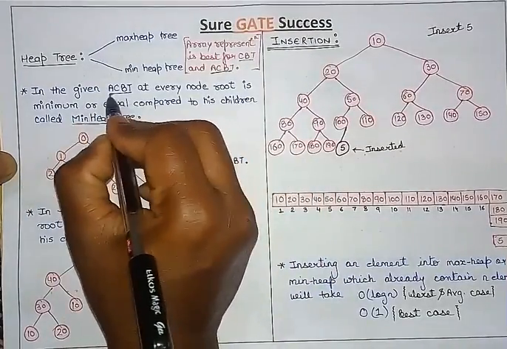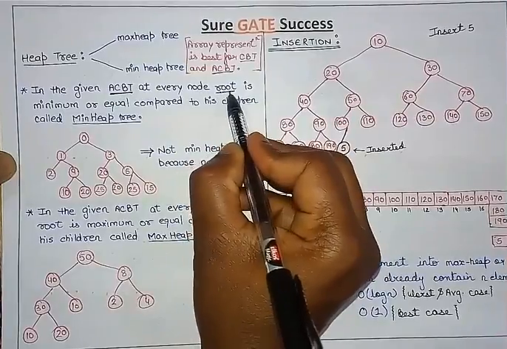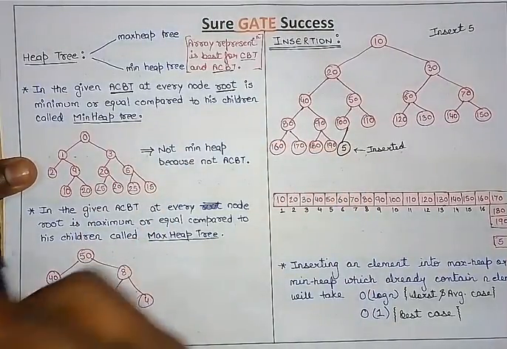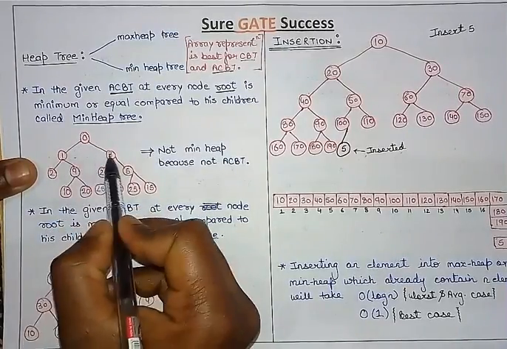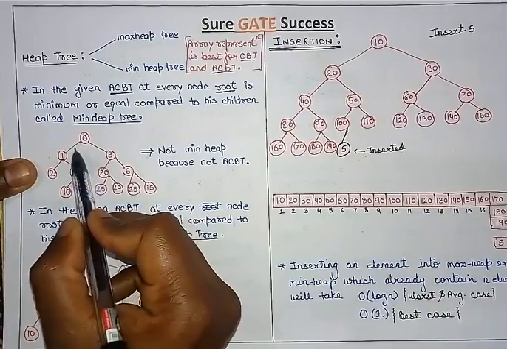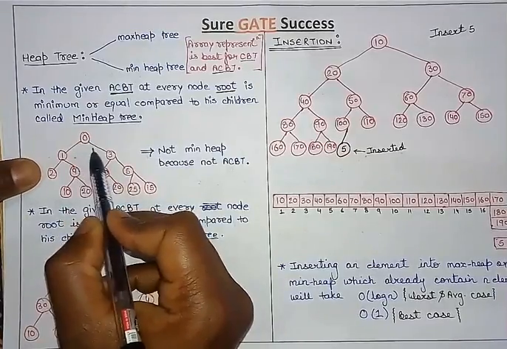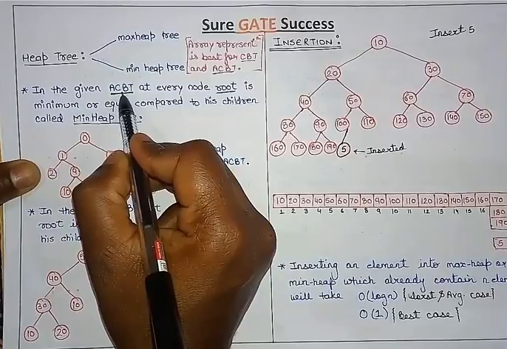In a complete or almost complete binary tree, the root node is minimum when compared to its children. For example, see here, 0 is minimum when compared to both its children. So it has to be a min heap tree if it is an almost complete binary tree.